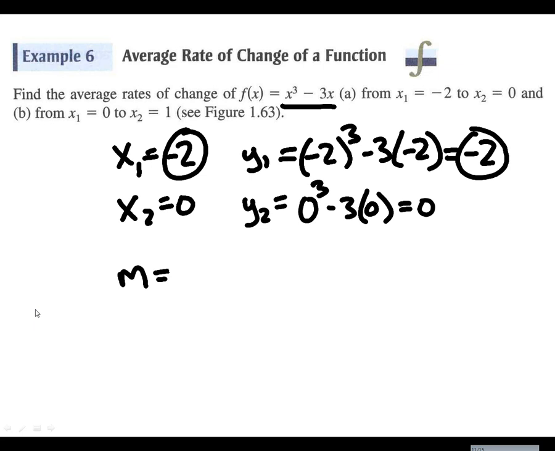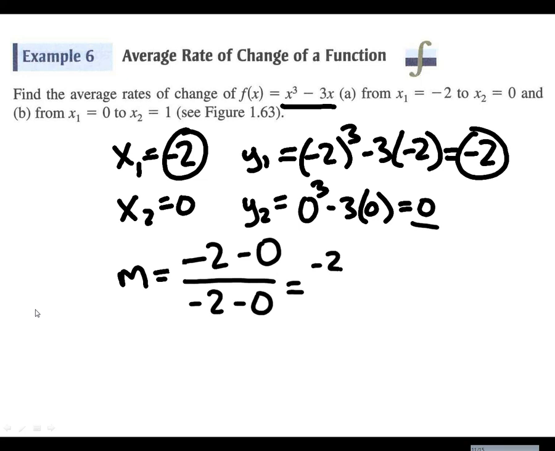I was trying to put x's with y's here. Let's try that again. My y1 is -2, minus 0 is my other y value. Sorry about that. Matches up with -2 minus 0 over here. So -2 over -2, which is 1. So we do have an average rate of change, and the slope would be 1.